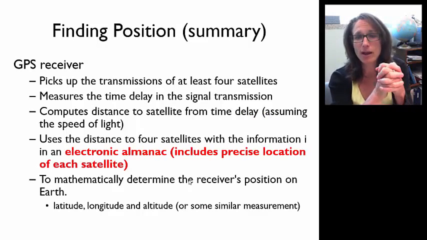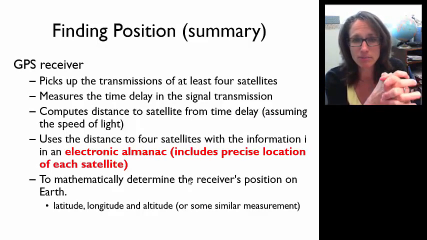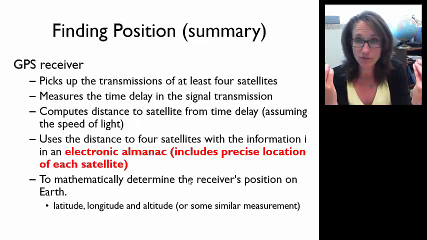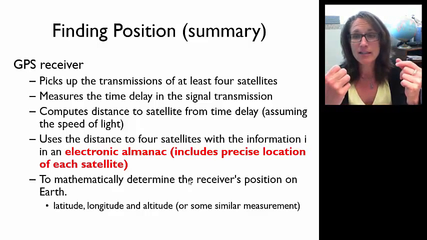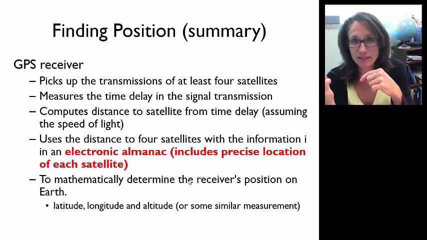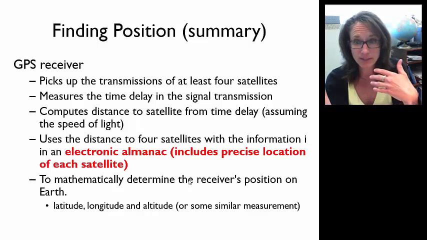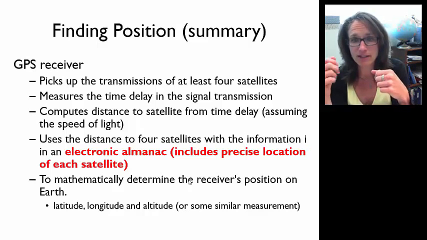Just to wrap this up, our GPS receiver picks up transmissions of signals from at least 4 satellites. It measures the time delay in the signal transmission. It uses that time delay to compute the distance to the satellite from the GPS receiver, assuming that the signal is traveling at the speed of light.